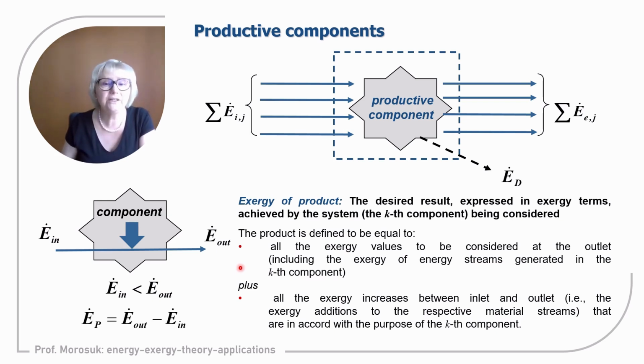So this stream is associated with the product, because the idea of a component is to increase exergy for one or several streams. In the same way, there may be no incoming stream but only an outgoing stream, for example, work produced within the component. Then the incoming exergy is 0, because the stream does not exist as incoming but exists as outgoing. This will also be a stream associated with the exergy of the product.